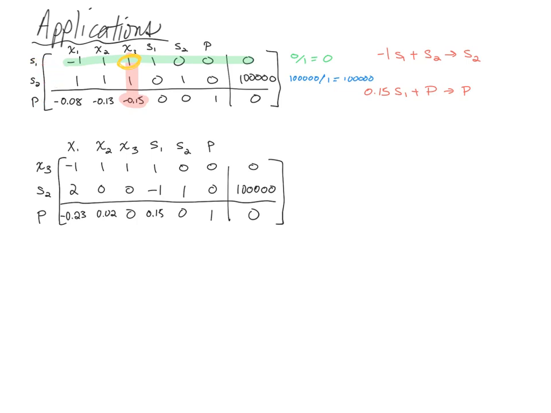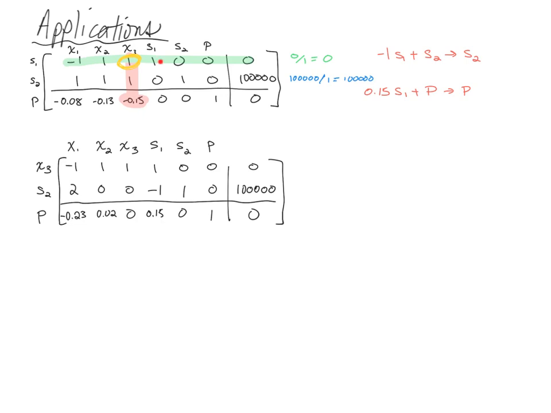This is the basic variable with a 1 in the first row. Yep. This is a basic variable with a 1 in the second row. Yep. This is a basic variable with a 1 in the last row. Yep. There it is. Zeros above and below those ones.